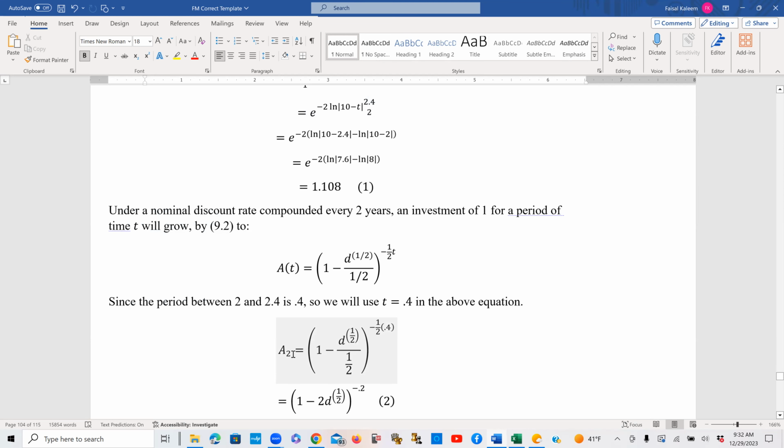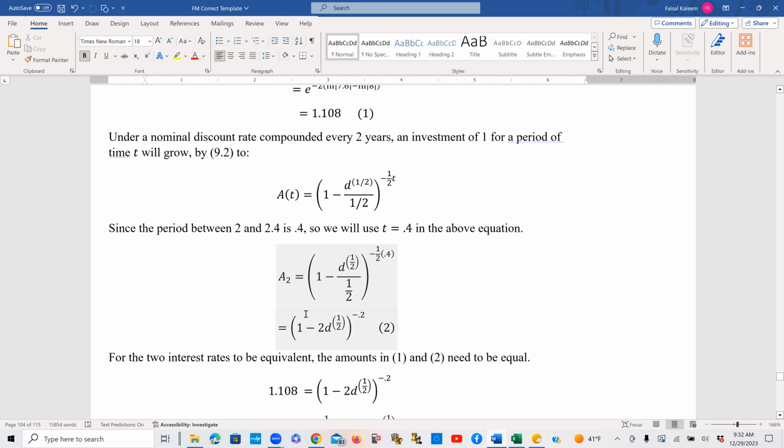So A is the amount under the discount rate. That would be 1 minus d superscript half, over half, power negative half times 0.4. So the 2 comes in the first line. This simplifies to 1 minus 2d superscript half, to the power negative, and half times 0.4 is 0.2.